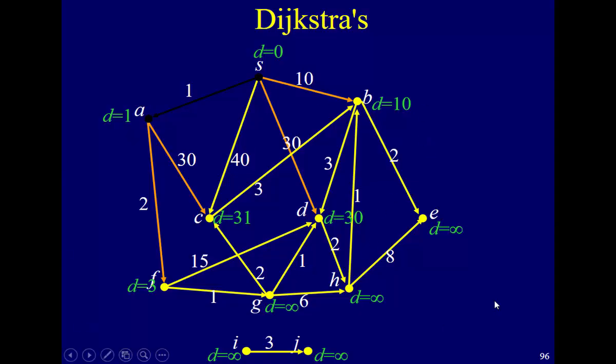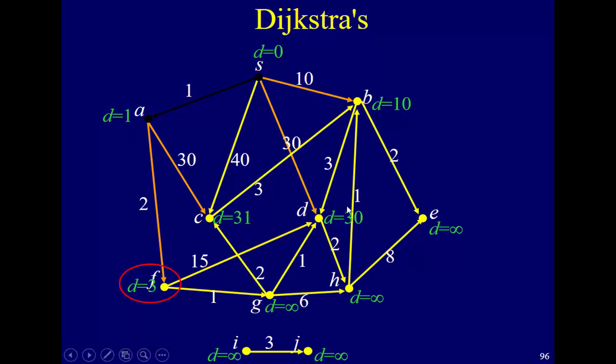And then we say, who has the smallest d value? Well, it's F. So we're going to handle F. By handling F, that edge becomes black because it's now the fixed path. And these edges here weren't handled, but we're going out and we're handling them.